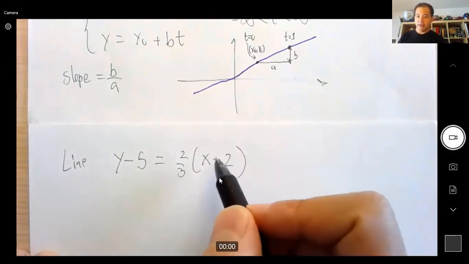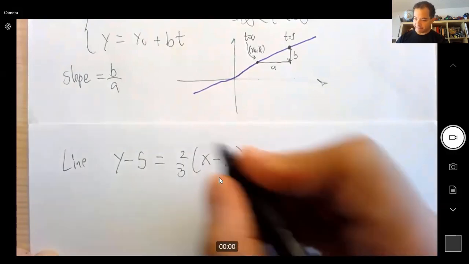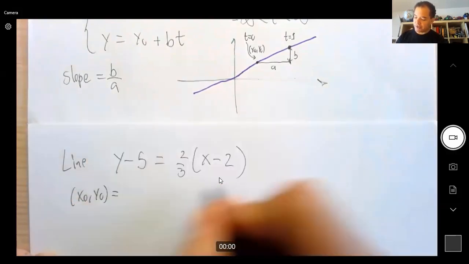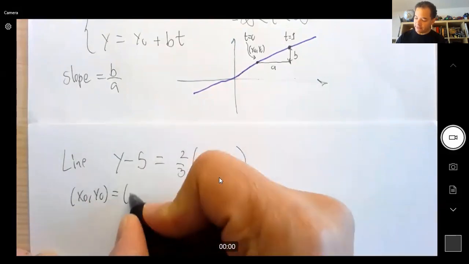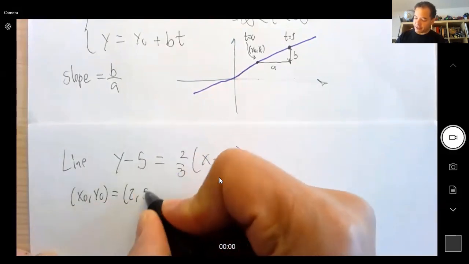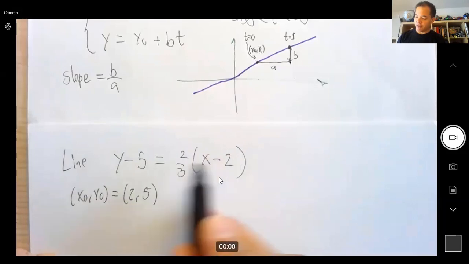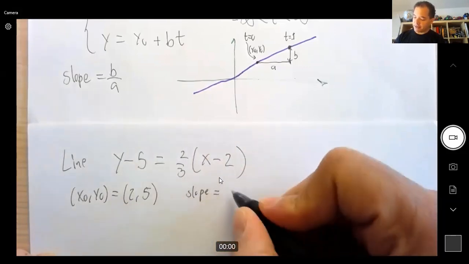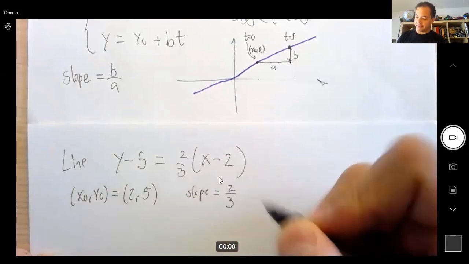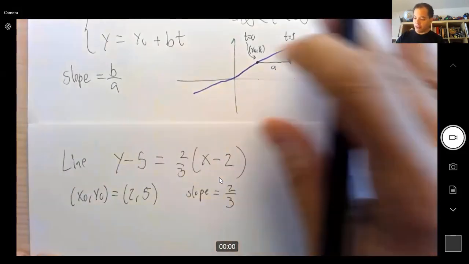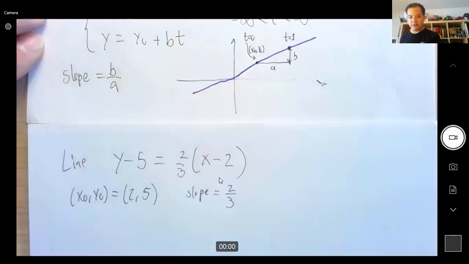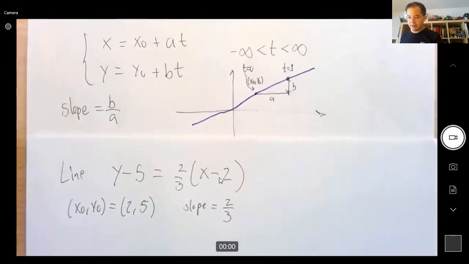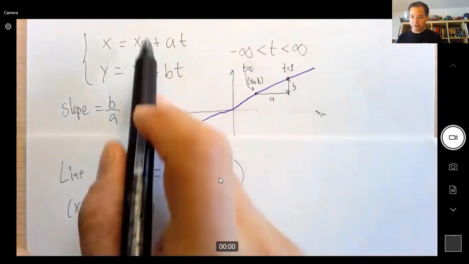So here, see what's a point on this line? A point that for sure is on this line is when x is 2 and when y is 5, right? And what is the slope? Well, the slope is 2/3, right? So I can go back and let me see if I can put it on the same screen. Yeah, right? I can remember this way of doing it.